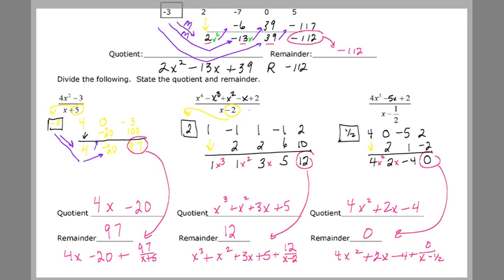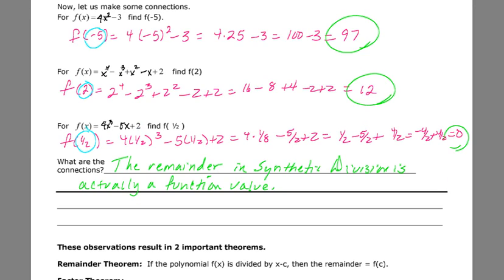But be careful, these guys I had to take the opposite sign of when I went from here to here. But notice the number in the box is the actual number that we put in the polynomial on the next page when we found the function value. So in synthetic division, the remainder is actually a function value. We'll just call it f of c.